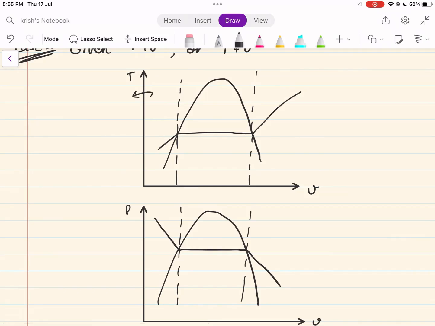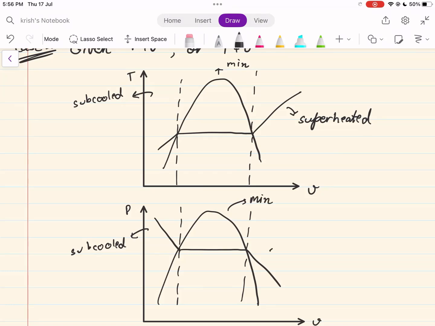This is our compressed or subcooled region. This is a mixed region, the saturated mixture region, and this is a superheated region. Similarly, this is our subcooled region, this is our saturated mixture region, and this is a superheated region.